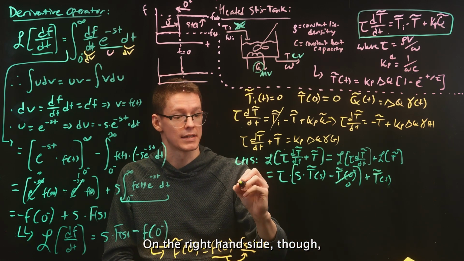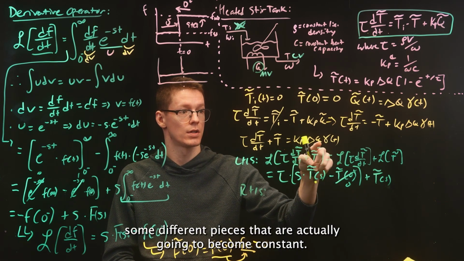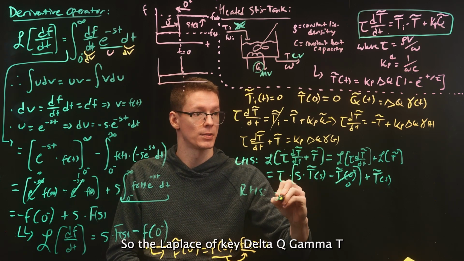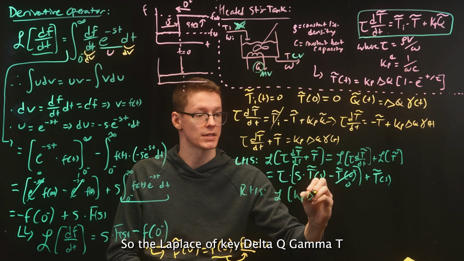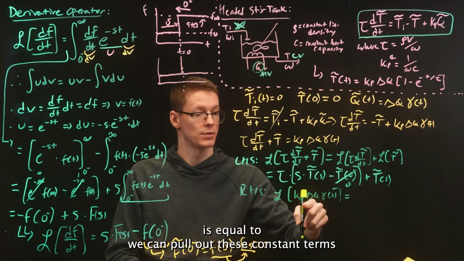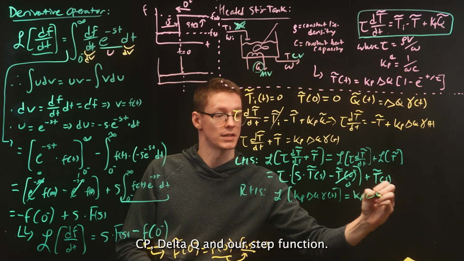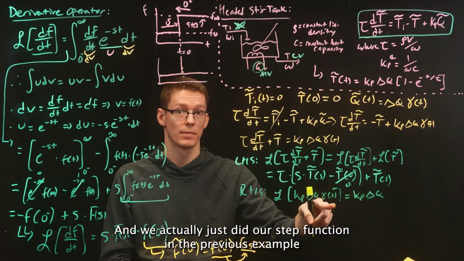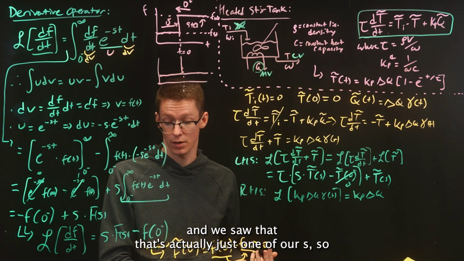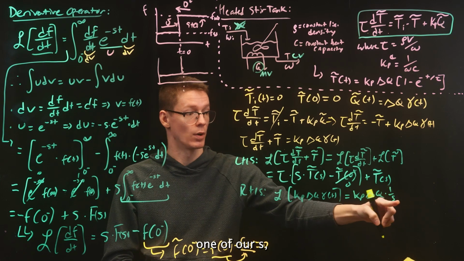On the right-hand side, though, we are going to have some different pieces that are actually going to become constant. So the Laplace of Kp delta Q gamma T is equal to, we can pull out these constant terms, Kp delta Q, and our step function. And we actually just did our step function in the previous example, and we saw that that's actually just 1 over s. So 1 over s.